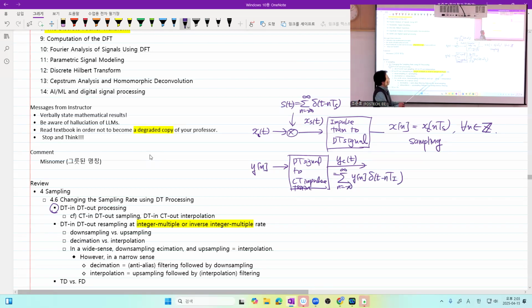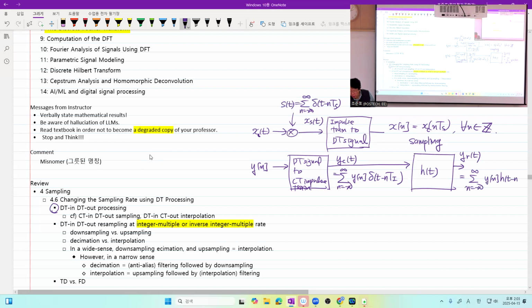Here, the lower part is not necessarily the inverse operation of the upper part, so I use a different interpolation or conversion period. And here goes your interpolation filter or interpolation function. So you have a continuous time signal, which can be simply written as the sum of y[n] h(t minus n T_I).